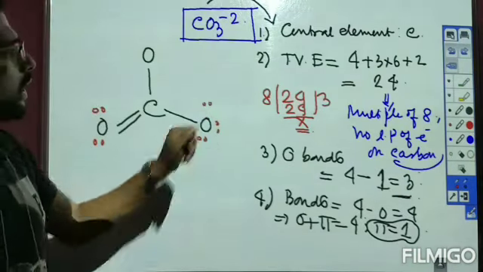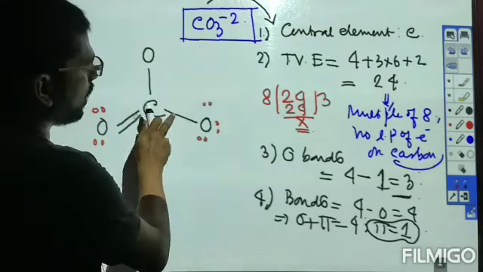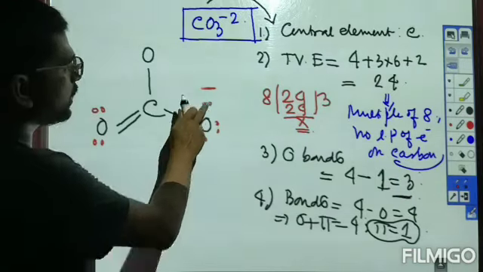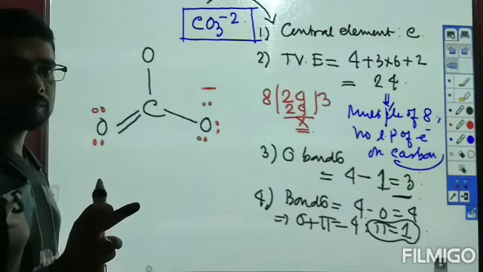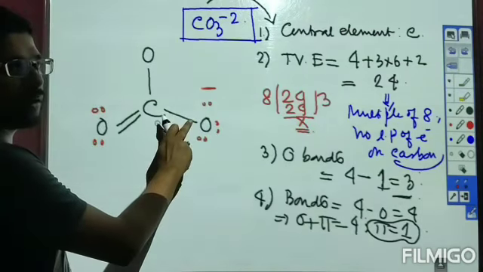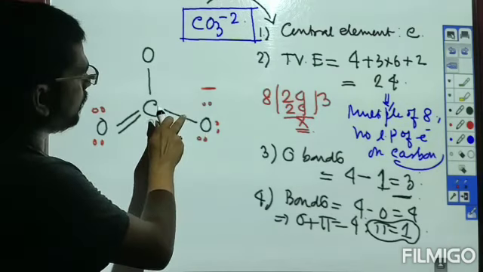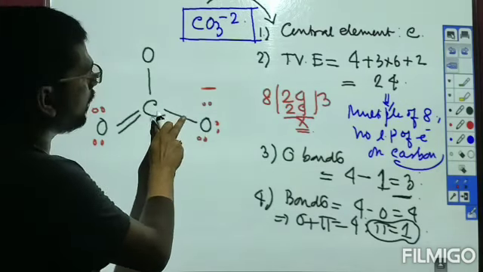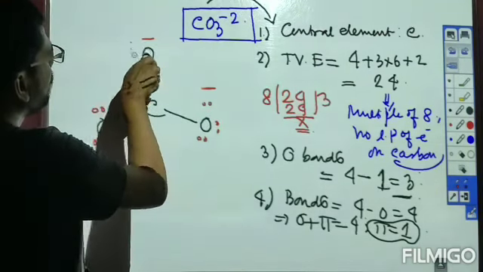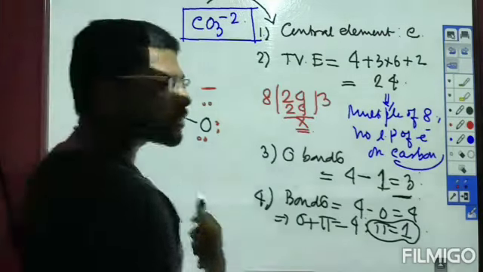How do you know there are 6 electrons here? Because oxygen forms one bond, it will carry a formal charge, so in total it will have 7 electrons: 1 2 3 4 5 6 7. Oxygen used one electron for this bond, right? So 1 3 5 7, and here also 2 4 6. This is the structure.